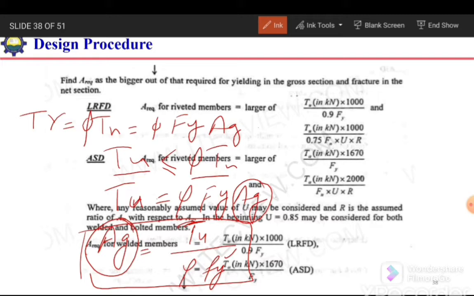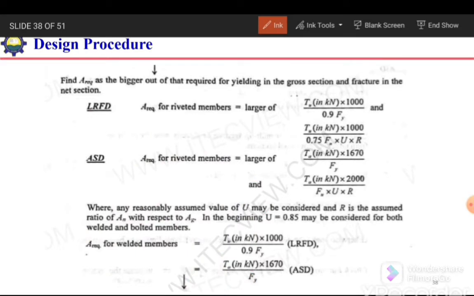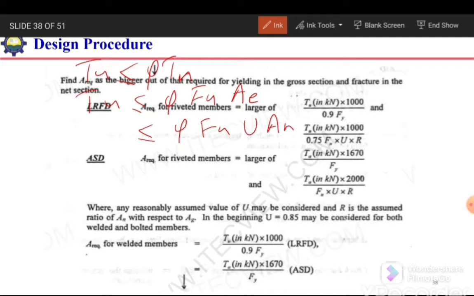This is the case for tension yielding, and if we are considering the case of tension rupture, the equation will become like this. In case of tension rupture, our equation is Tu should be less than or equal to phi Tn, where phi is 0.75 and Tn is equal to Fu Ae, or we can write phi Fu, and instead of Ae we can write U and net area.